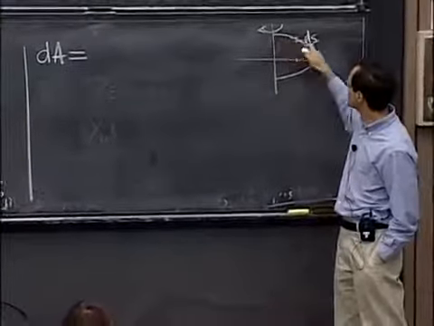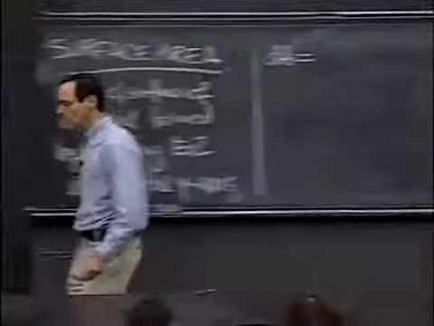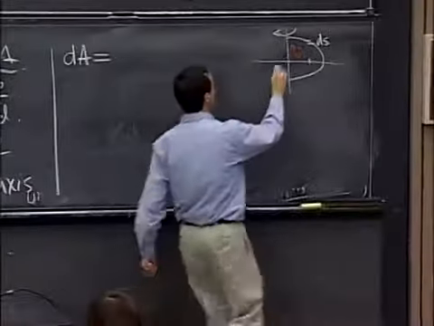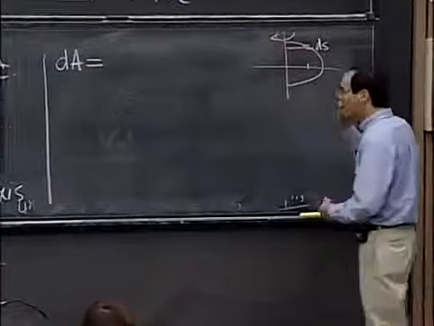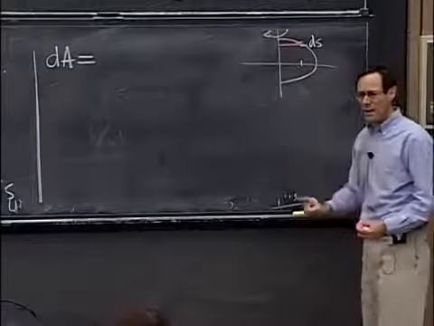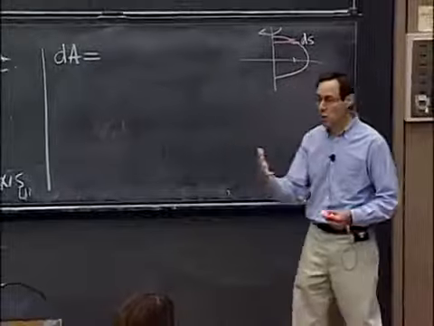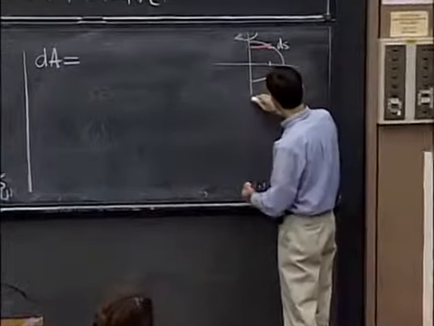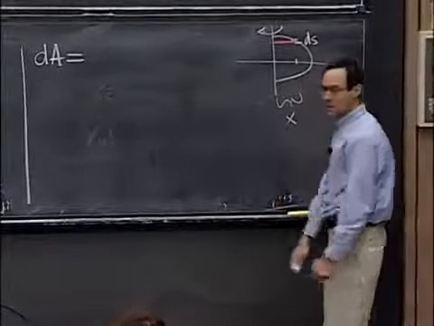So that's this horizontal distance here. I'll draw it in another color. And that horizontal distance now has a name. This is, again, the virtue of this coordinate system. This distance is called x.